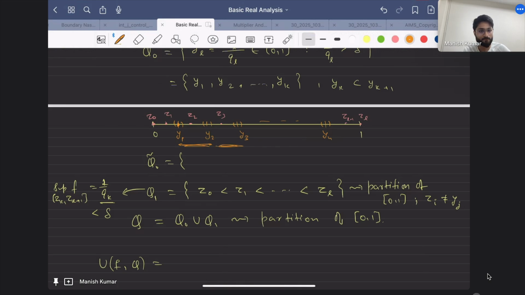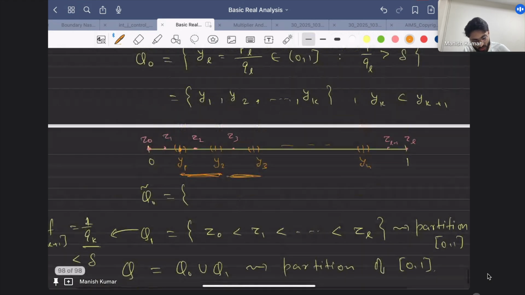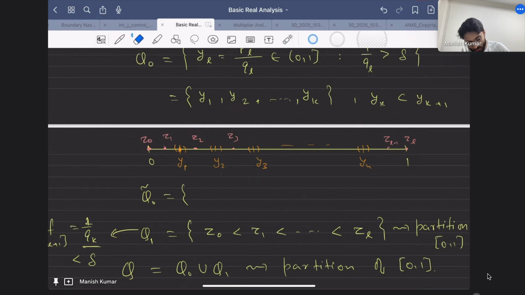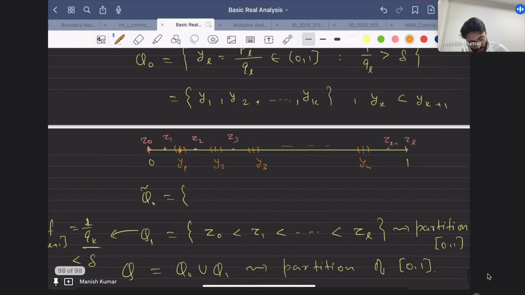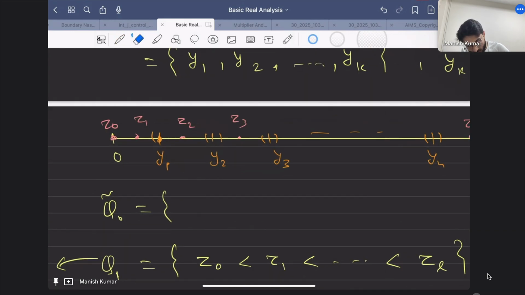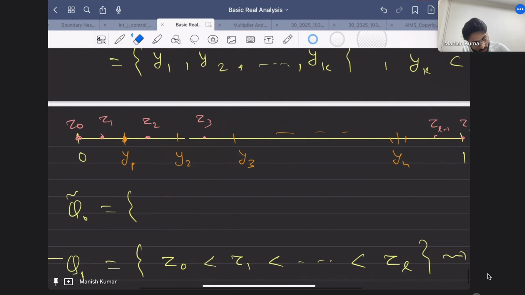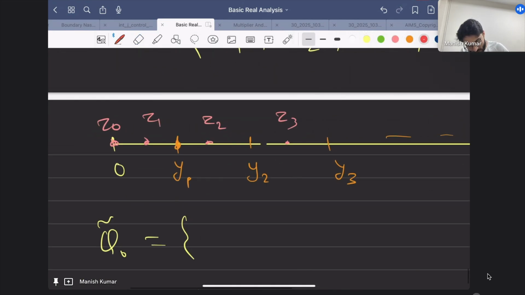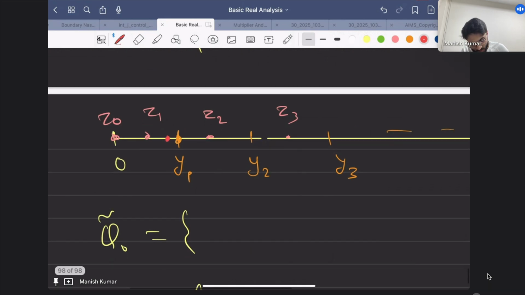So instead of choosing this y1, y2, I'll define a new way. These are the y1, y2 points, so now the partition would be like this. Here z1, z0 are given. Now I'll define, how should I name it?